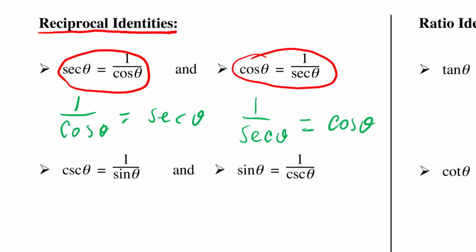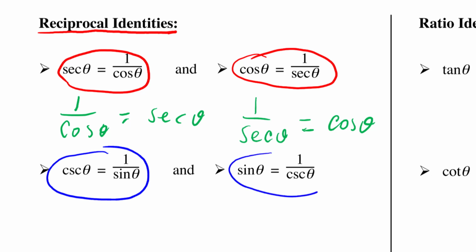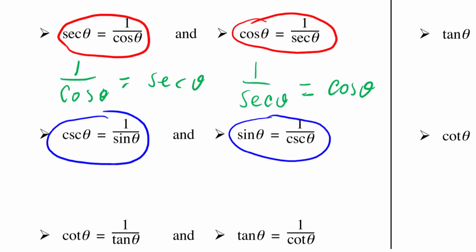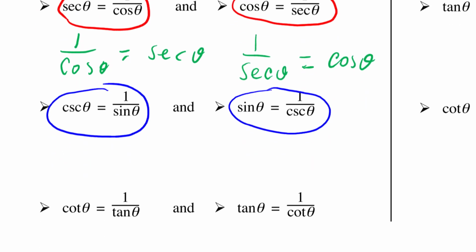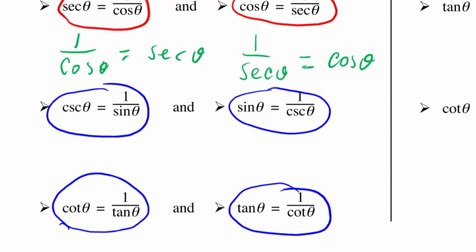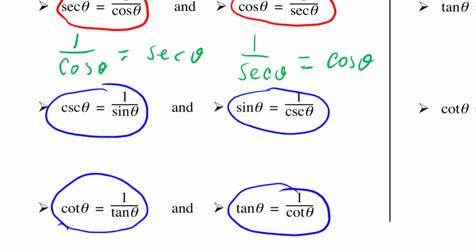We also know that cosecant and sine are reciprocals. So again, cosecant theta is 1 over sine theta, and likewise sine theta is 1 over cosecant theta. We also have the reciprocal identities for cotangent and tangent, and I'll mention them here. We use them on occasion, but really what we use more often are the ratio identities for tangent and for cotangent.